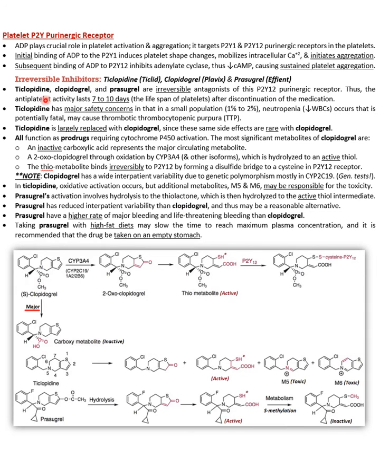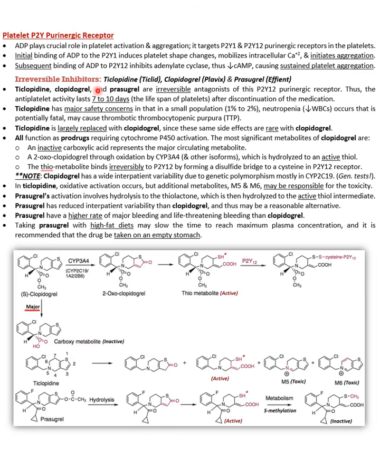The first thing we need to know about this class of inhibitors, and in general about all irreversible inhibitors, is the fact that their effect remains after the discontinuation of the therapy for at least 7 to 10 days, which is the lifetime of the platelets. So, which could actually be a concern. We'll explain why that is the case.